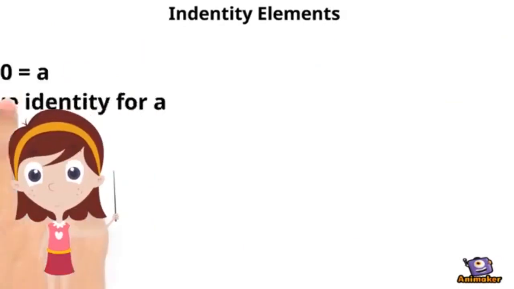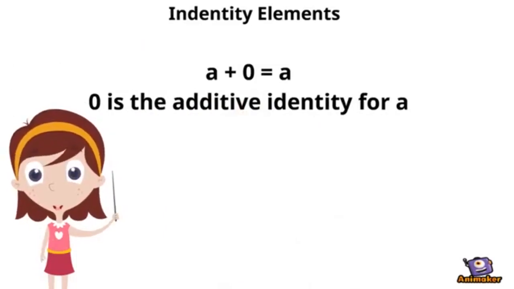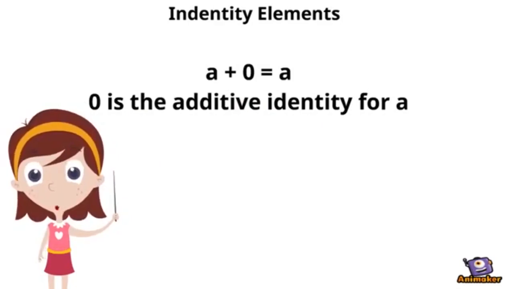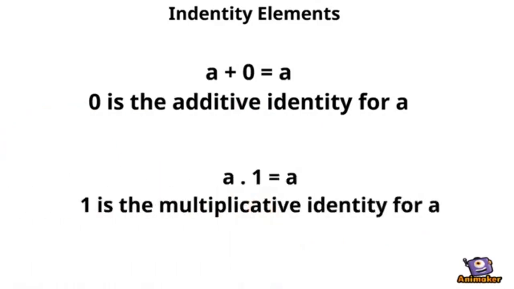Now, A plus 0 equals A. So 0 is the additive identity element for A, since adding 0 to any integer A does not change its value. Similarly, the multiplicative identity of A is 1, since 1 into A equals A.